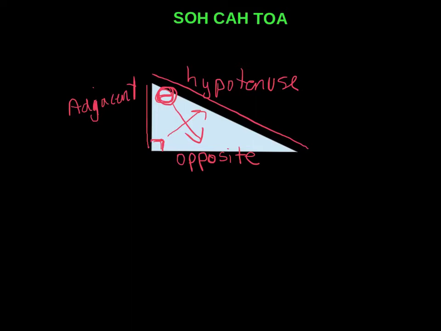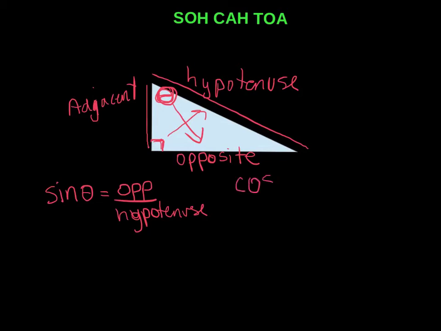Now, we decide to use sine theta when we have the opposite side and the hypotenuse. We decide to use cosine when we have some information about the adjacent side and the hypotenuse.